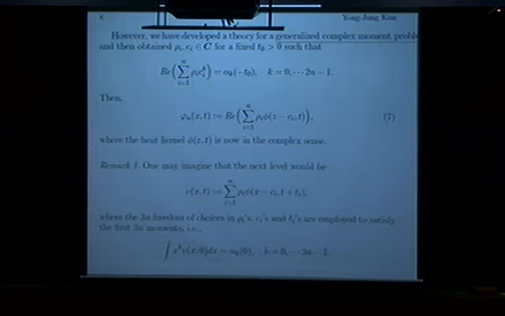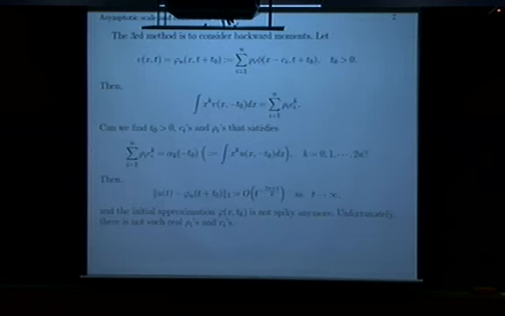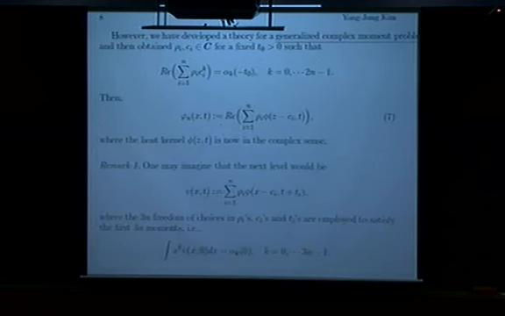How to do that? Not exactly, we don't have a solution of this one. We have a solution for this modified one. So we have developed a theory for the generalized complex moment problem. Then instead of the previous one, we can solve this one. We can find rho_i's and c_i's that satisfy this.